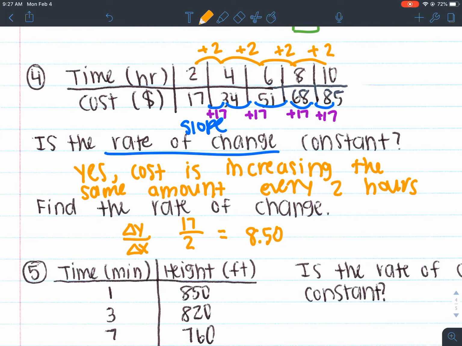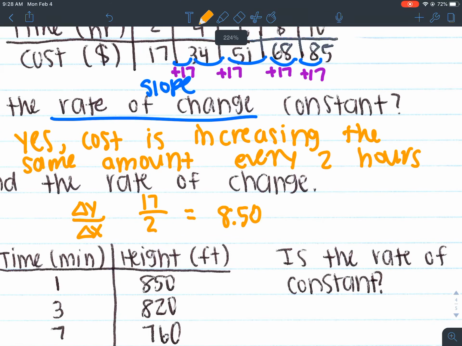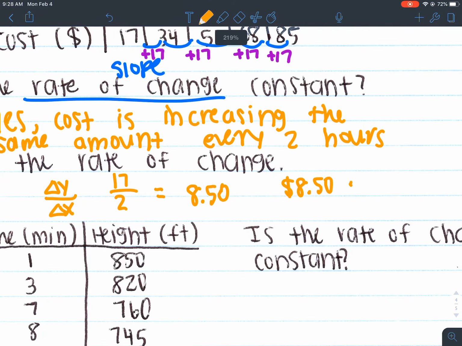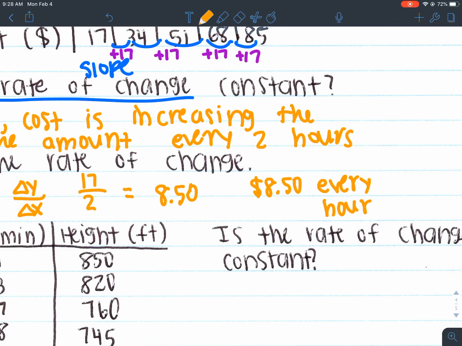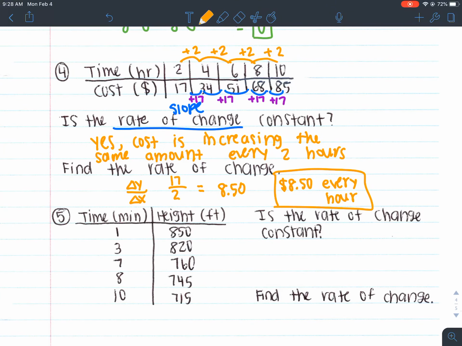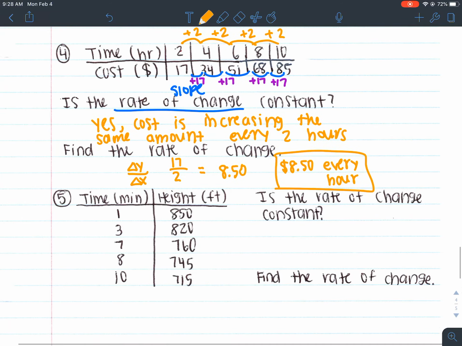But our y is going to be our cost, because our cost depends on how much time. So in this case, when I get a slope of 8.5, that slope means that we're getting $8.50 every hour. Okay? Or $8.50 per hour. That's our rate of change. You don't want to just say 8.5. I want you to understand what it means in the context of the problem.